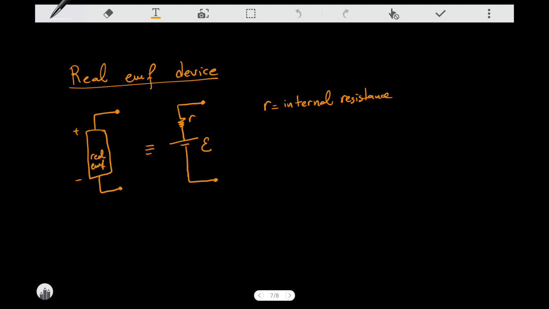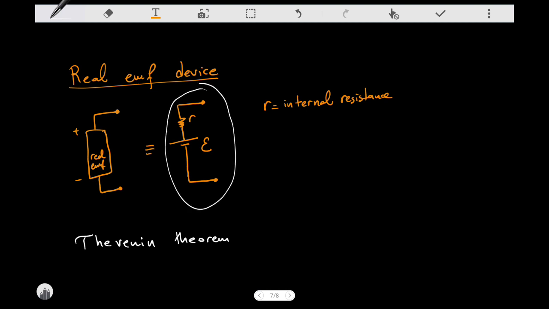There's actually a theorem called the Thevenin theorem in electrical circuits, which says that any kind of a DC circuit with two terminals can be represented like this as an ideal EMF device connected in series with a resistance. So you can think of this as a property of such EMF devices.